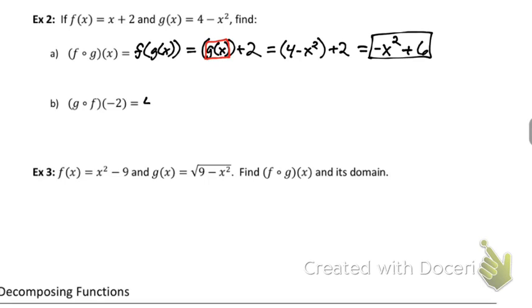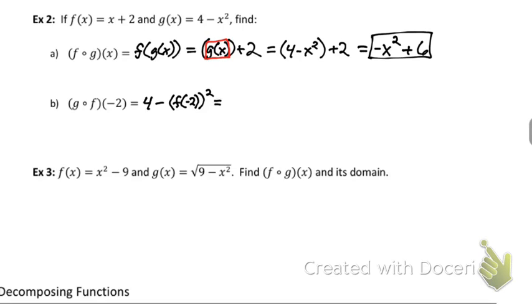So that would be looking at 4 minus f of negative 2 squared. I'm taking f of negative 2 and plugging it into my g function. Once again, we work inside out. I grab what's here and plug it in for my g of x input. So that would be 4 minus f of negative 2 in place of your x squared.